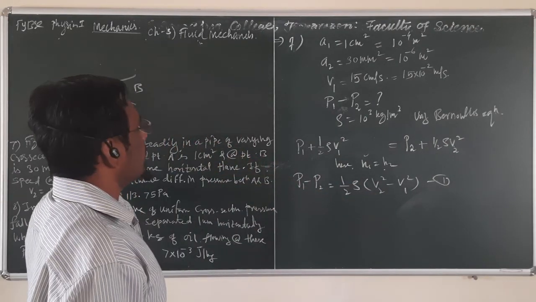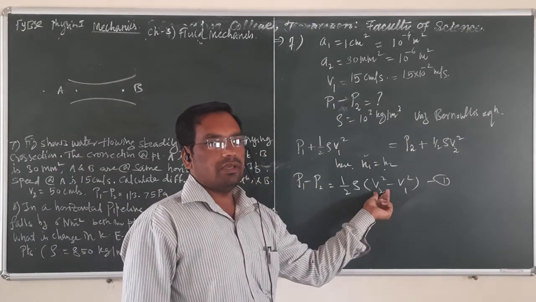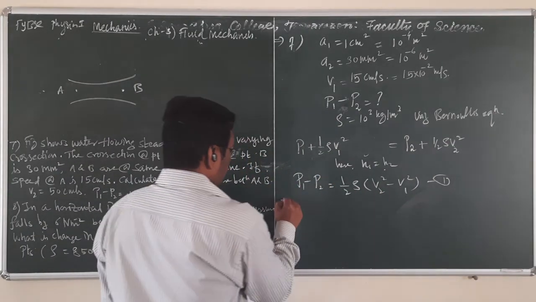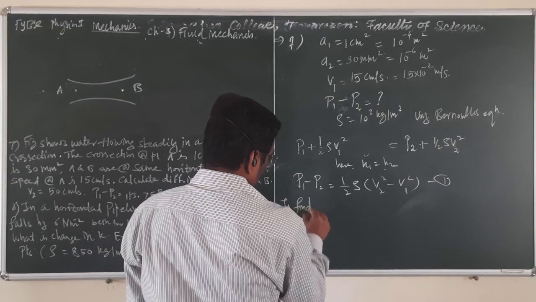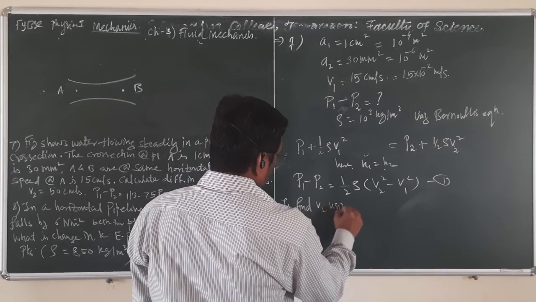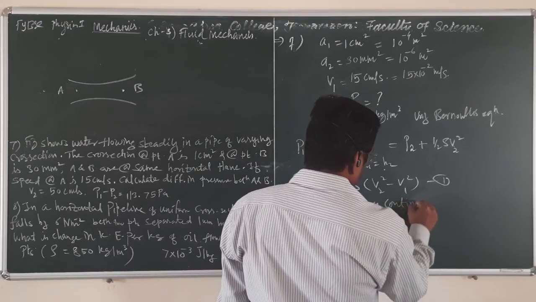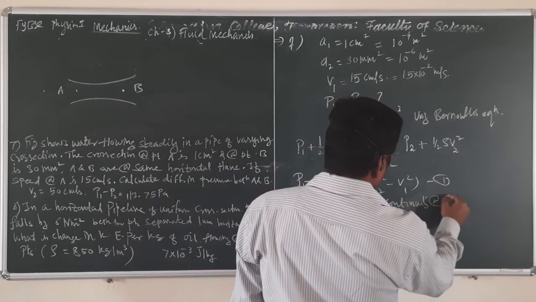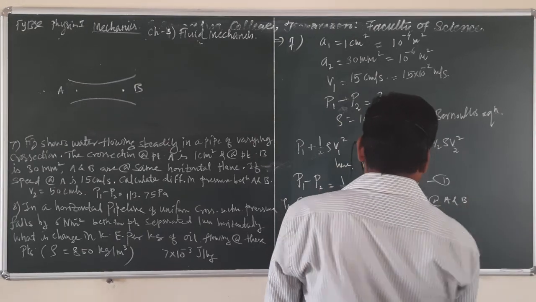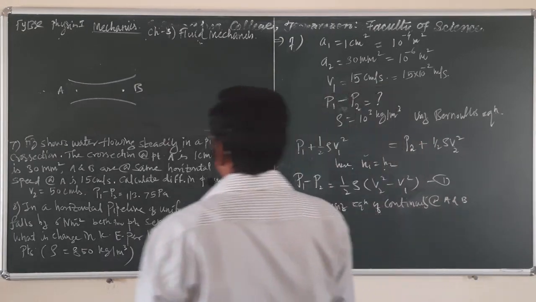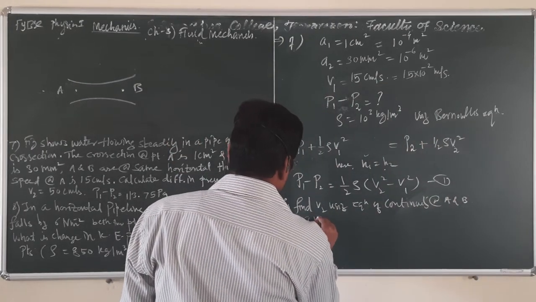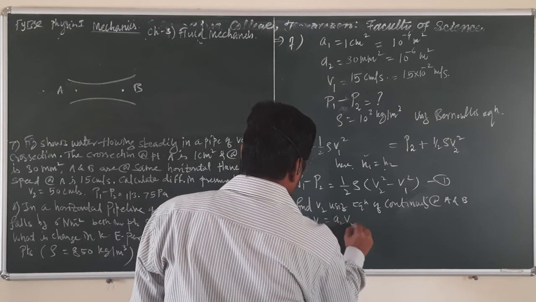Now V1 is given, but V2 is not given. So to find V2, we use the equation of continuity at A and B. We know that the equation of continuity is A1 V1 equals A2 V2.